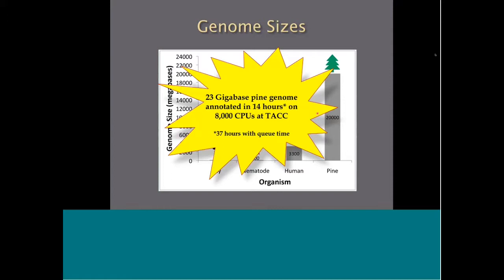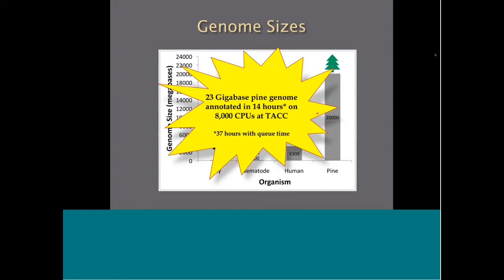The loblolly pine took around 14 hours of actual computation time on a supercomputer out in Texas, while the 30 gigabase sugar pine took about 30-40 hours, basically a weekend on the compute cluster here in Utah.